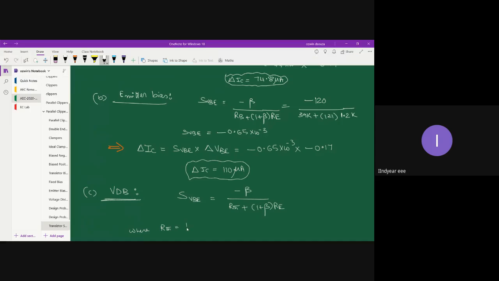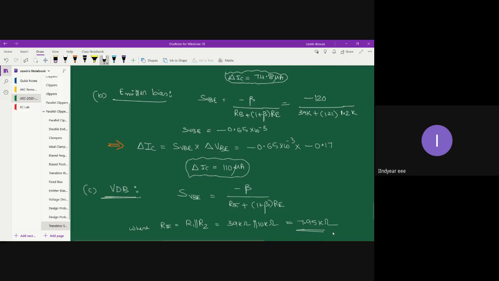RTH is R1 parallel with R2. That's 39 kilo ohm parallel with 10 kilo ohm, which you will get as 7.95 kilo ohm.